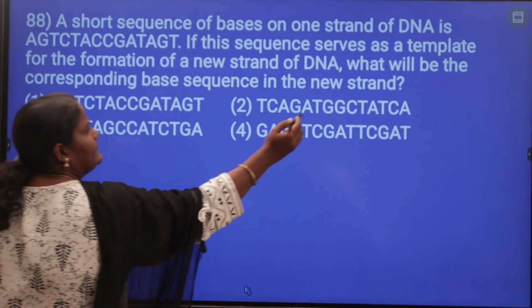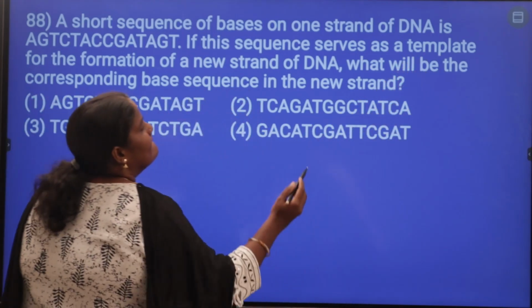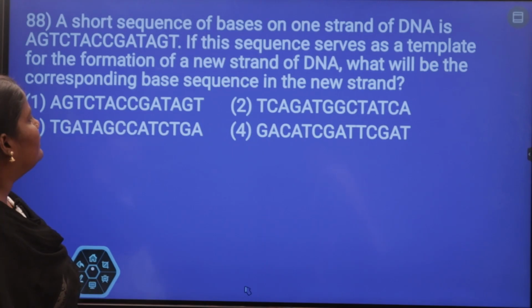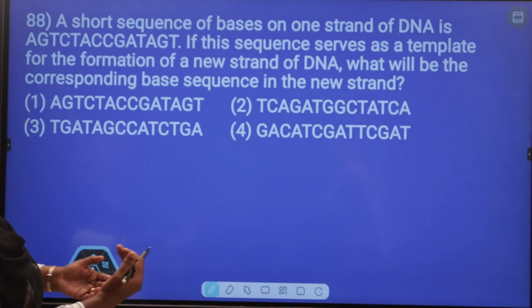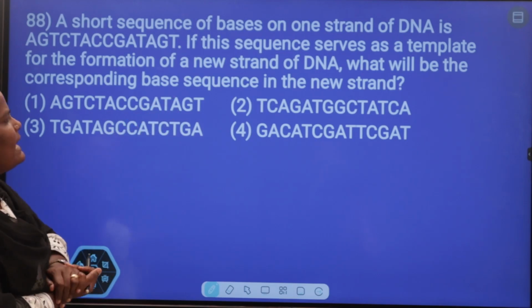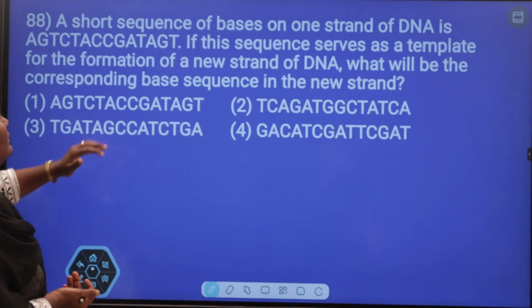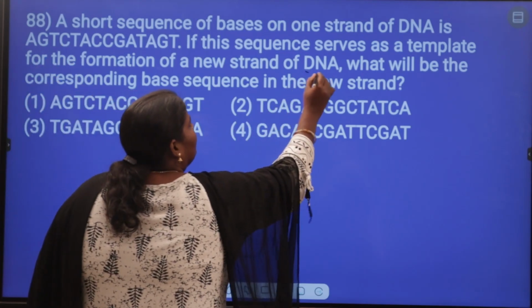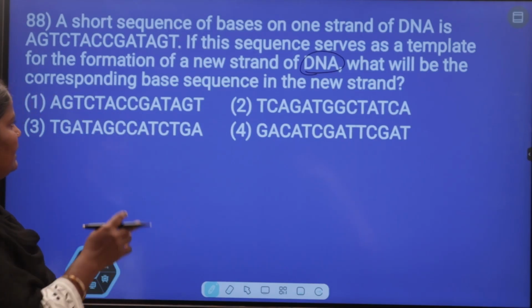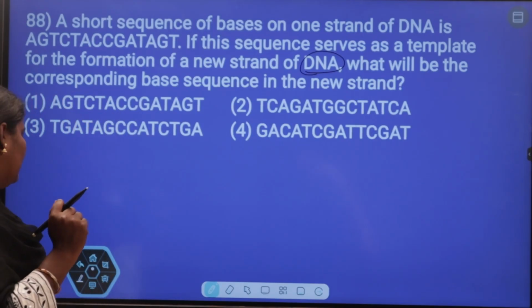Based on this, you have to identify what will be the corresponding base sequence in the new strand. In this question, they want you to identify the DNA strand, not the mRNA. So they want you to make the DNA strand.